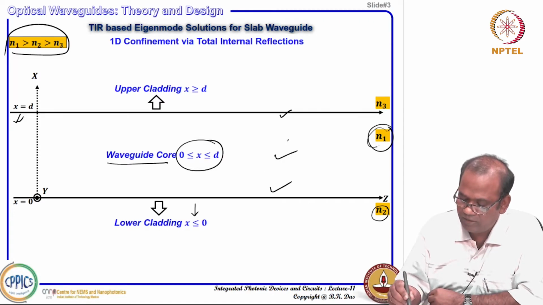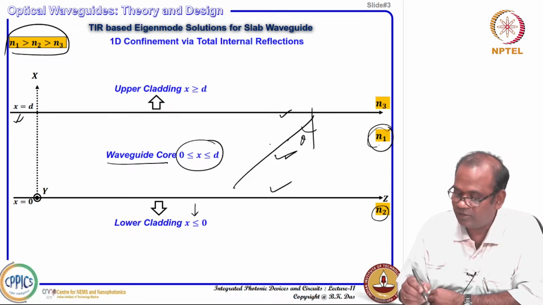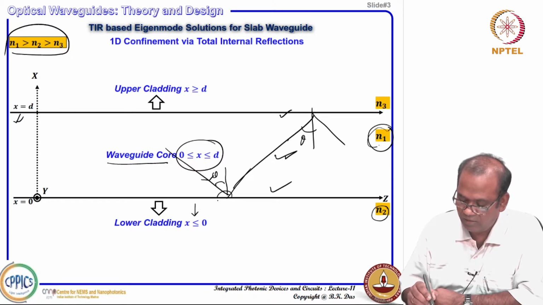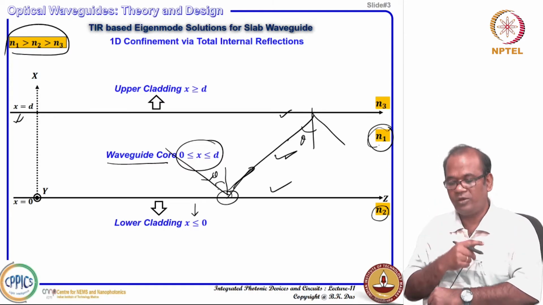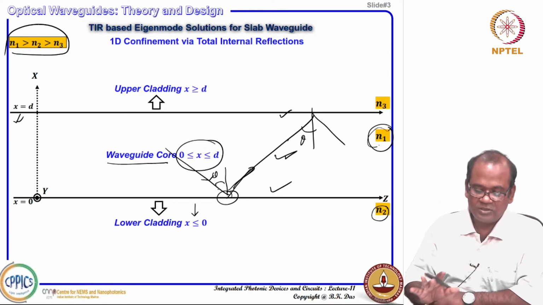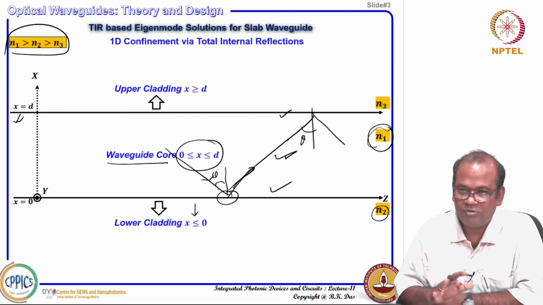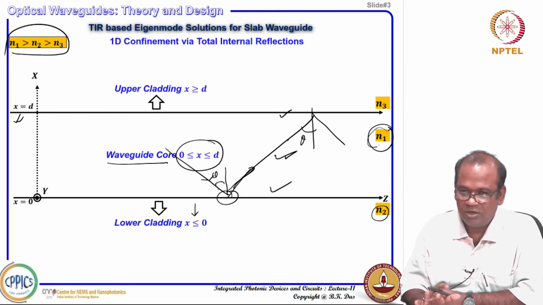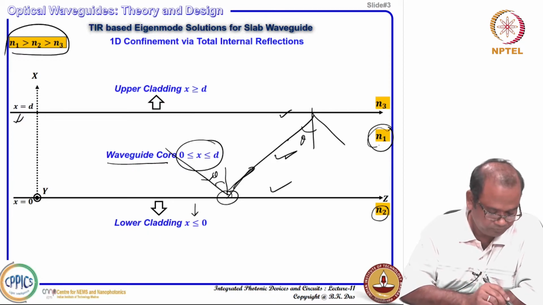So, any wave in this region, if it somehow gets an angle greater than the critical angle, will undergo total internal reflection. Similarly, if something comes here, and this theta is greater than the critical angle at this interface, then it will be totally reflected. Okay. We are just considering thickness d, and we will try to understand how one dimensional confinement is possible and what the mode solution would be.